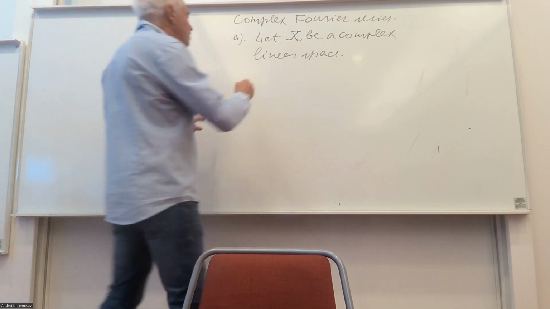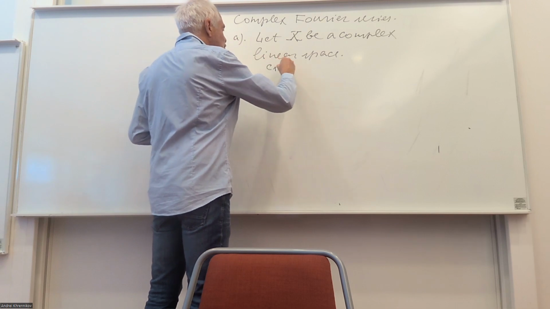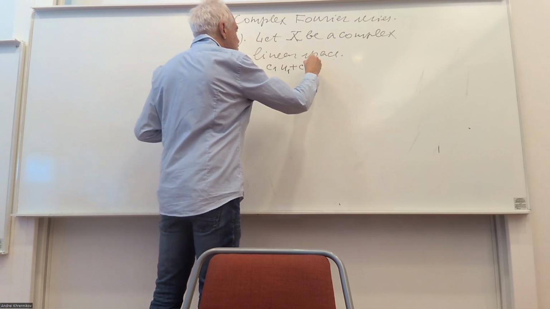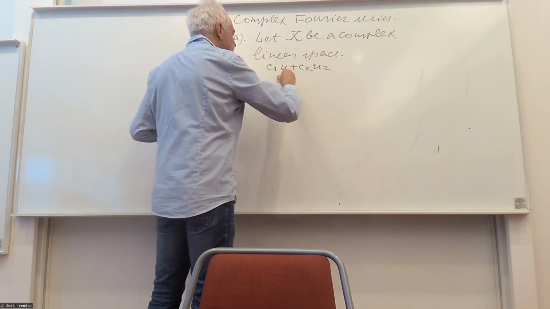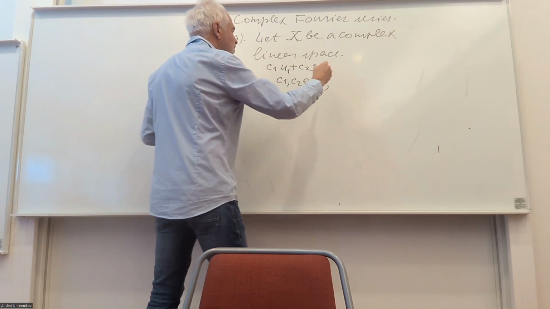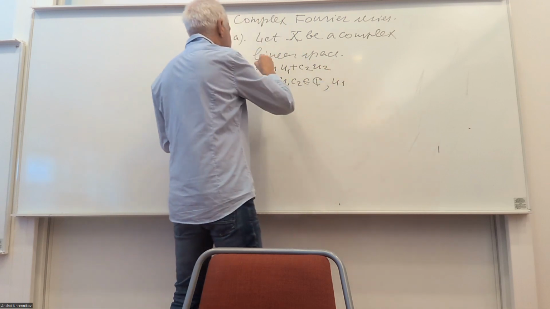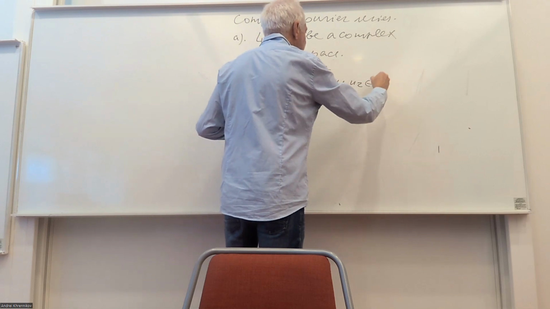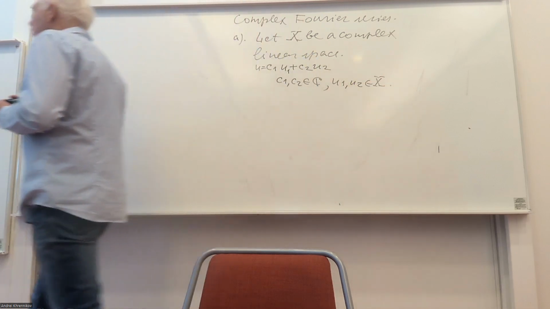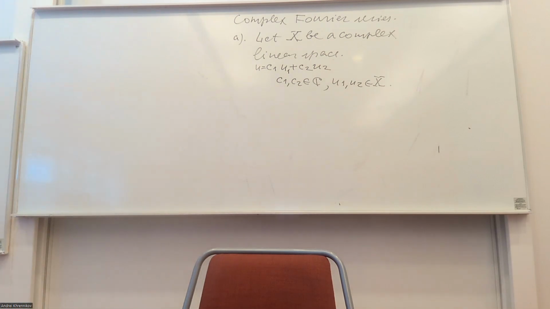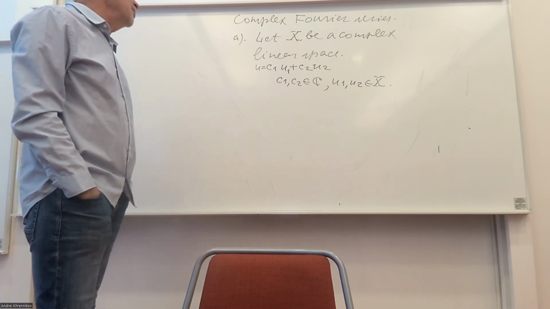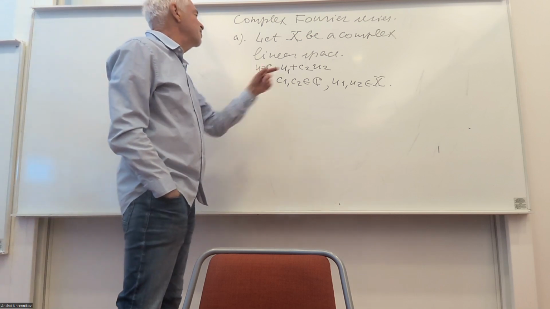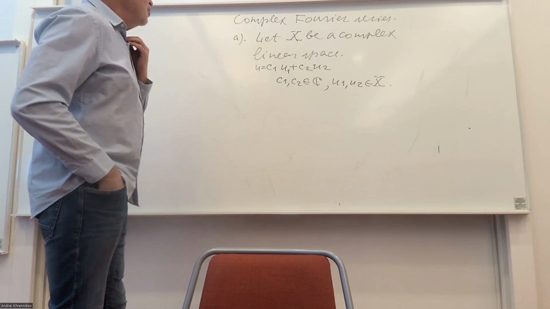So we can write a linear combination c_1 u_1 + c_2 u_2, where c_1, c_2 are complex numbers, and vectors u_1, u_2 are vectors of our space. So we can write combinations of vectors with complex coefficients. It is not easy to visualize a complex linear space, because already a two-dimensional complex linear space is a four-dimensional real space. There are two real parameters.